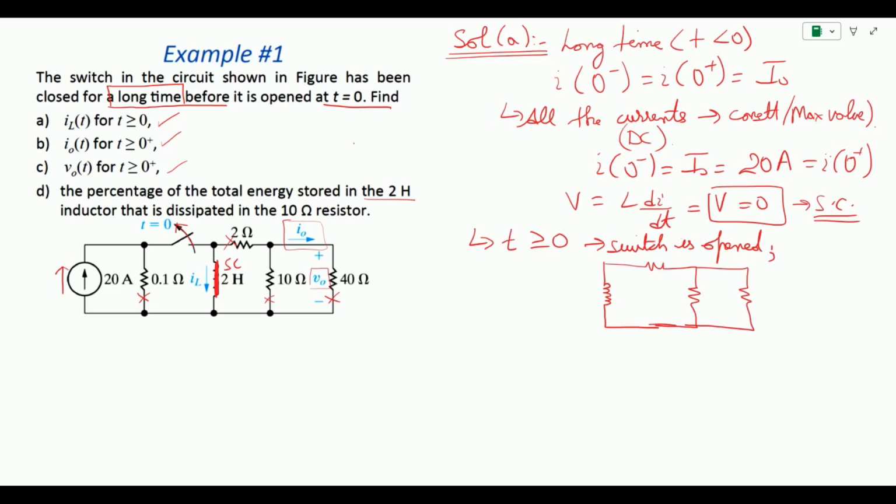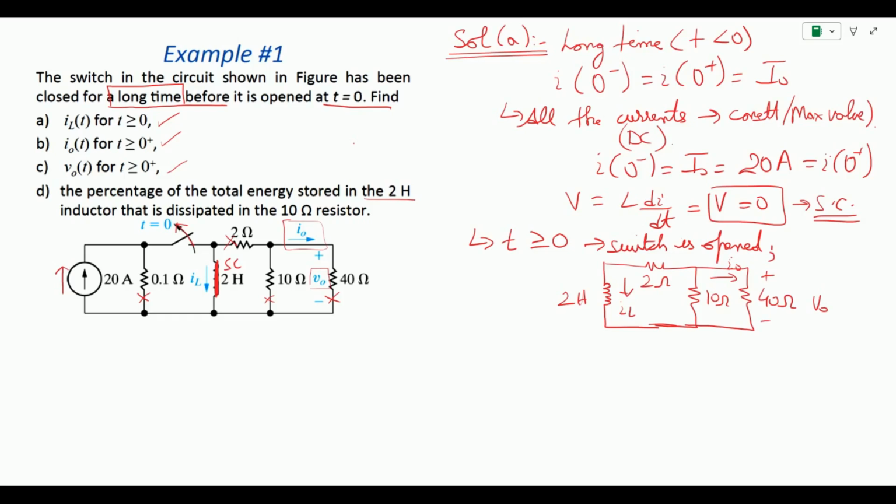So now we have a 2 Henry inductor with a 2 ohm resistor, followed by a 10 ohm and a 40 ohm resistor. This is the circuit that we have. The current through the inductor is flowing in the downward direction. The current I naught is from left to right, and we need the voltage across the 40 ohm.